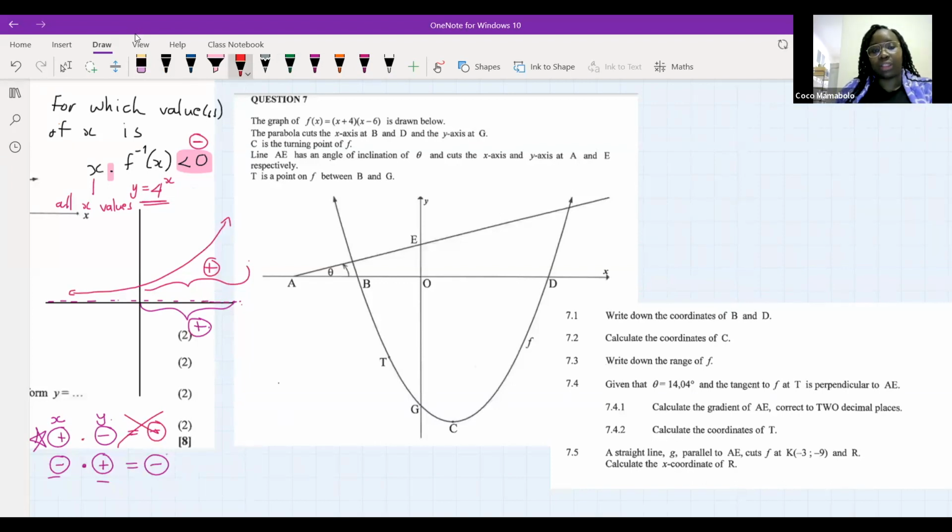Okay, so we know that this option isn't going to work. Now we're going to look at the option at the bottom. Now I want negative x values and positive values for my exponential graph. So if I go to my negative x values over here, that's negative. And what do we know about my exponential graph over here?